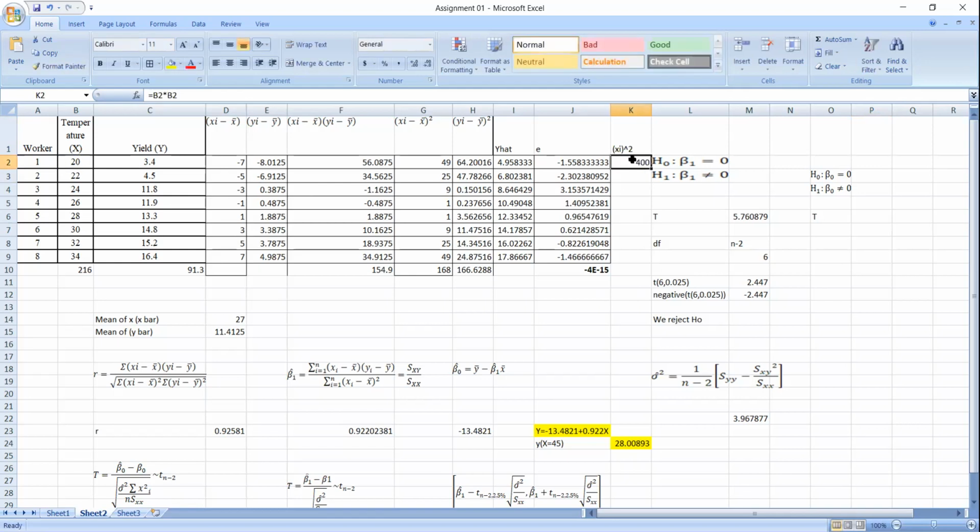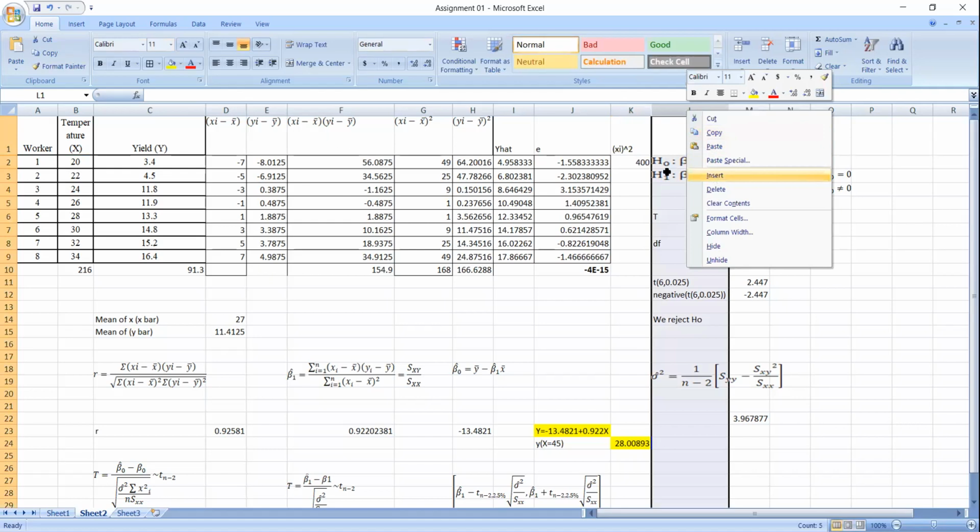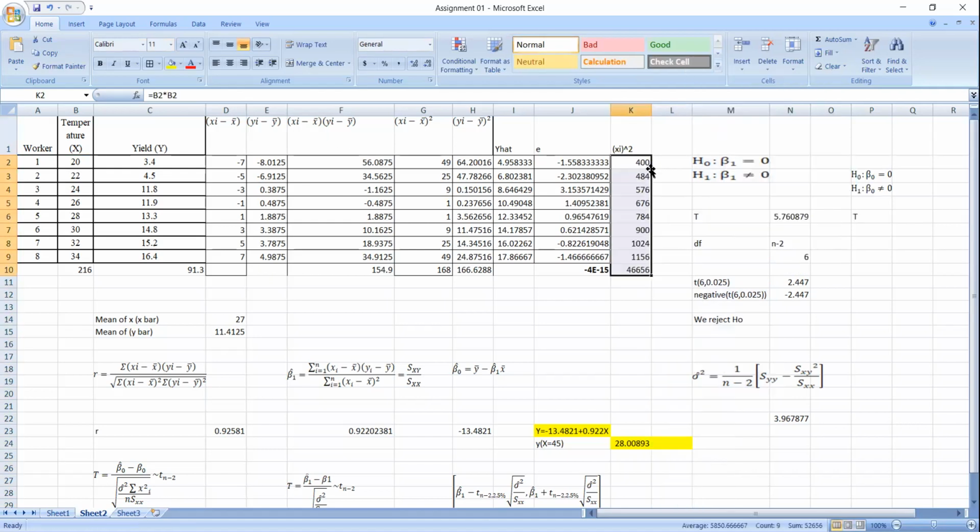Like this, you can calculate the xi squared values. After calculating the xi squared values, we can take the summation of this column. The summation is 6,000.